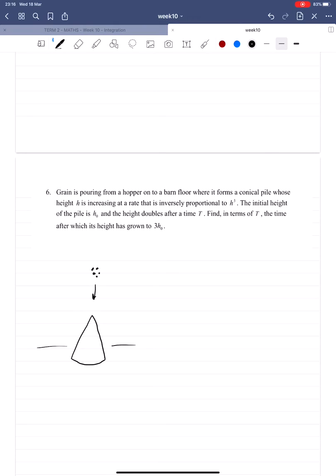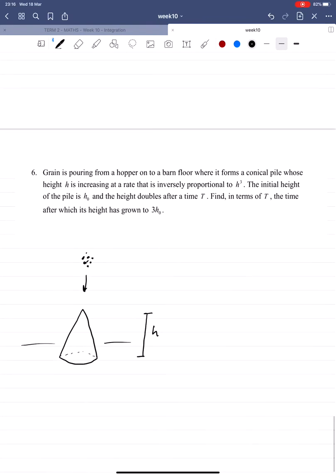So this is the picture that we have of height h, and it's increasing at a rate. What does a rate mean? That means that dh by dt, the rate at which it increases, is inversely proportional to h cubed. So we'll have our constant of proportionality k, and then h cubed.